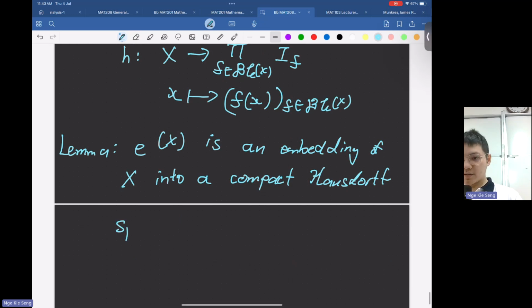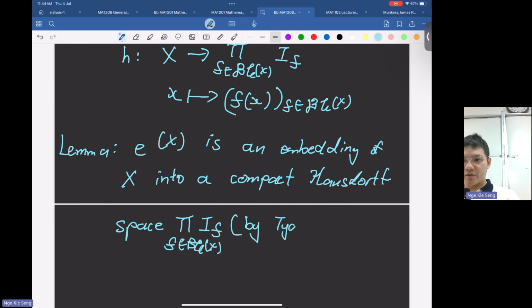Okay, compact Hausdorff space. In particular, namely this arbitrary product of I_f. Why is it compact? Because of Tikhonov's theorem. Okay. And why is it Hausdorff? Because Hausdorff is productive.